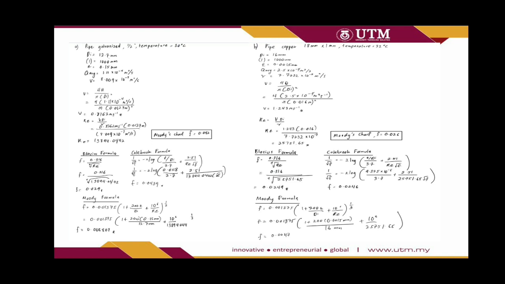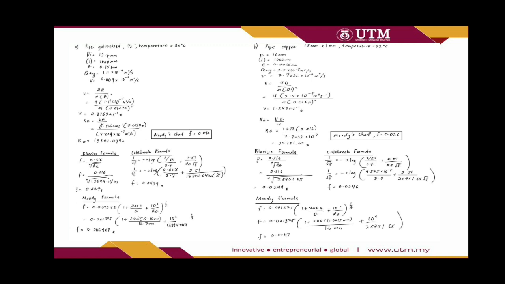So as you can see, for the galvanized pipe at temperature 30, using the formula V equals 4Q over pi times internal diameter, we get 0.8762 meter per second.